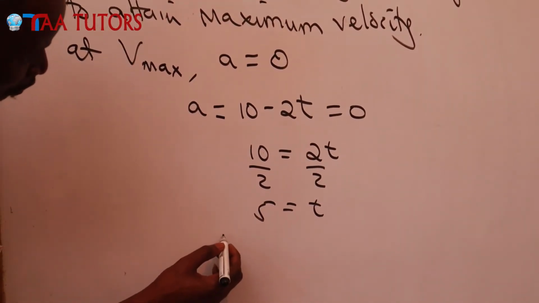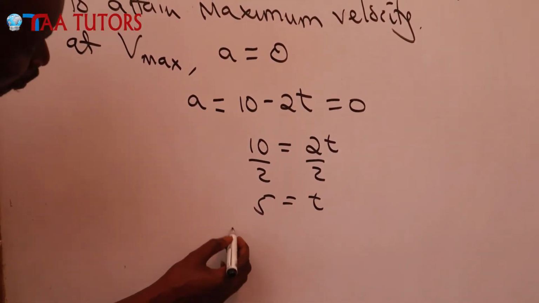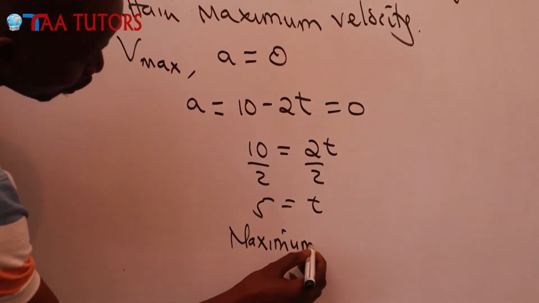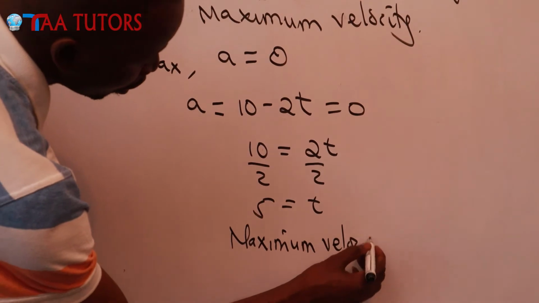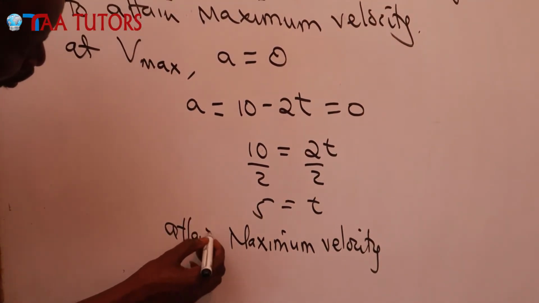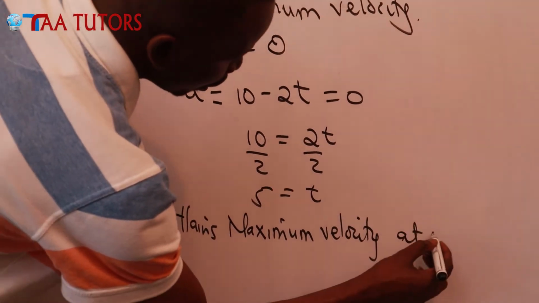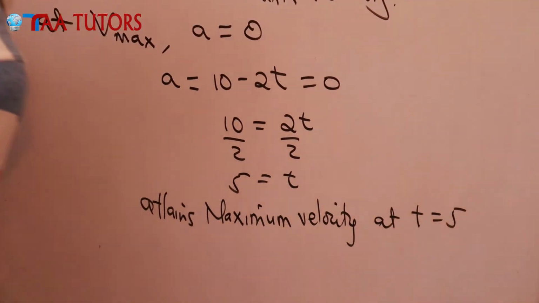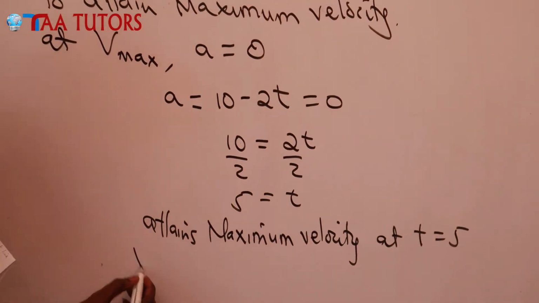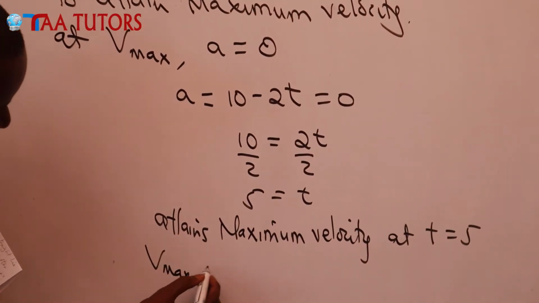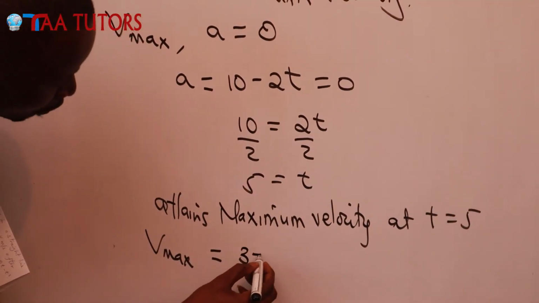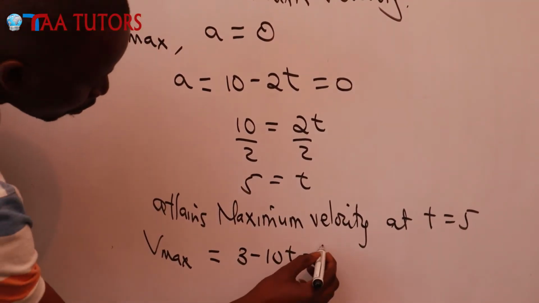So it means that the particle attains maximum velocity at t equals 5. Sometimes we can even calculate that maximum velocity. We can say that v maximum will be, the velocity function is here, which is 3 plus 10t minus t squared.